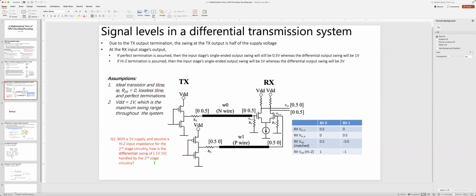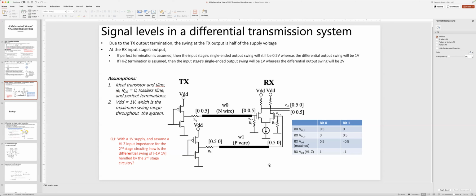So to answer that question, single-ended circuitry, of course, cannot handle a swing exceeding the power supply. The power supply is only 1 volt. The swing is 2 volts. No way to handle it. It will be saturated.